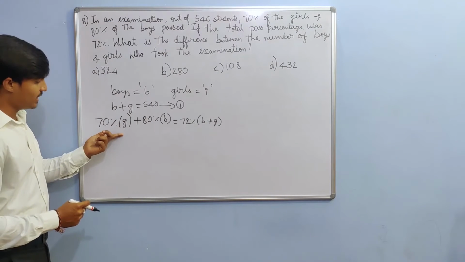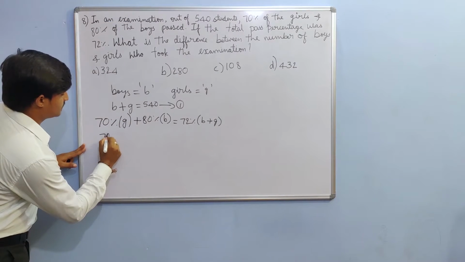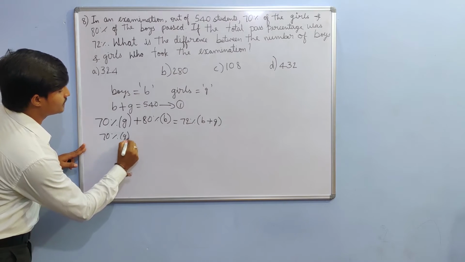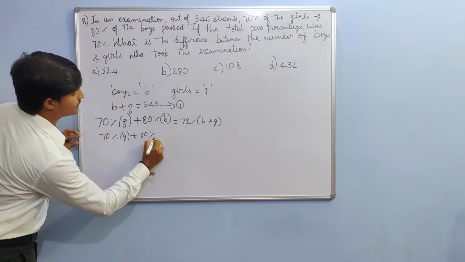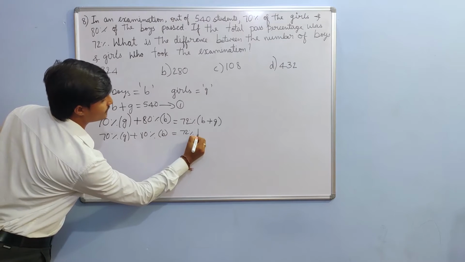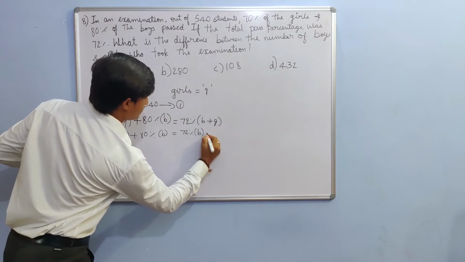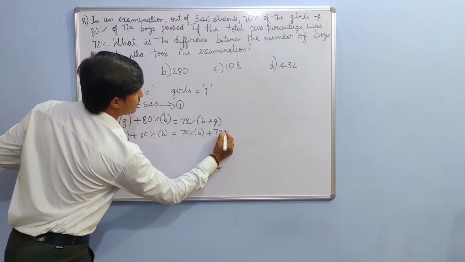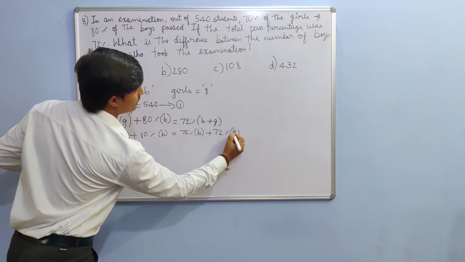By solving the above equation, 70% of girls plus 80% of boys equals 70% of boys plus 72% of girls.